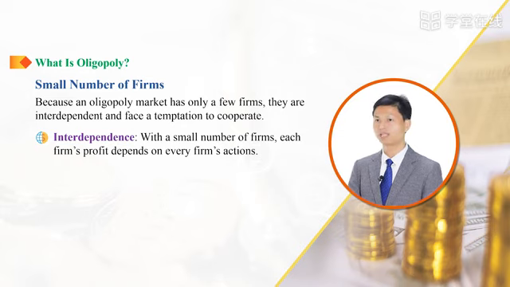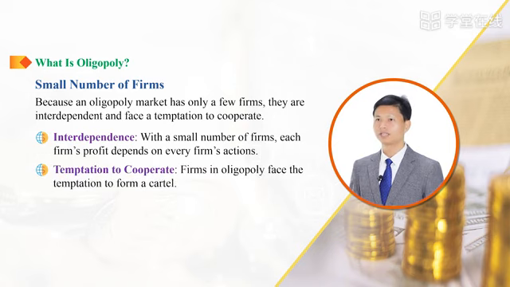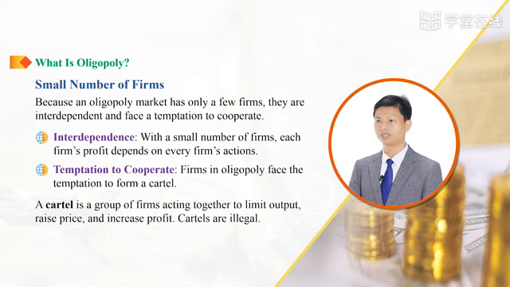So firms in the market are interdependent. Second, because a small number of firms share the market, they can increase their profits by forming a cartel and acting like a monopoly. A cartel is a group of firms acting together, colluding to limit output, raise the price, and increase economic profit. Cartels are illegal, but they do operate in some markets.